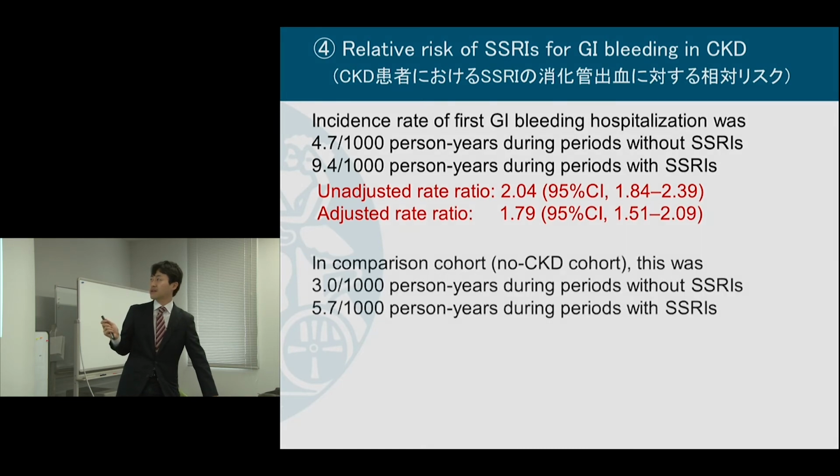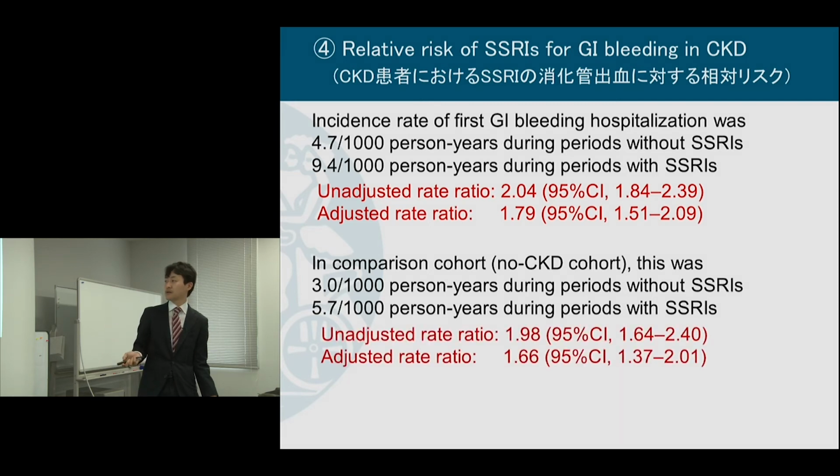And I repeated the analysis in the CKD and non-CKD cohort I established during my first paper. And this was 3.0 and 5.7. And the adjusted rate ratio was 1.98 and 1.66. So how to interpret the result?